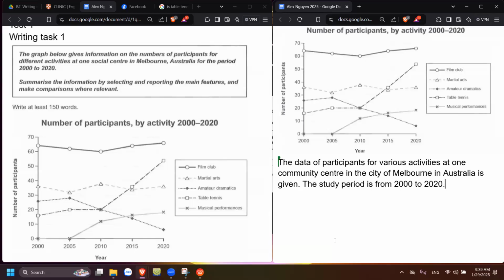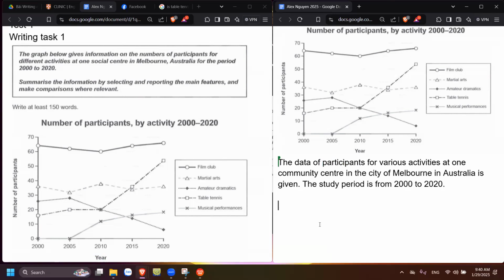There are several ways to rephrase this one. You can even change the words here. But the overall part is absolutely necessary. If you look at the data and it's easy to see the trend, you can write the overall part immediately after the opening part.